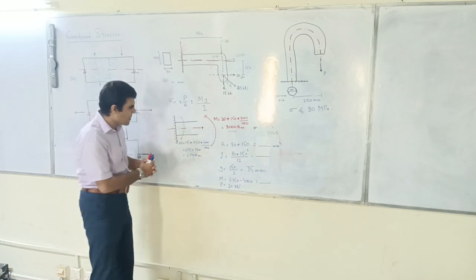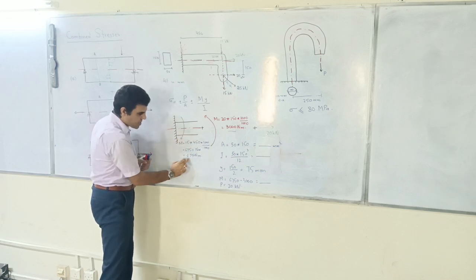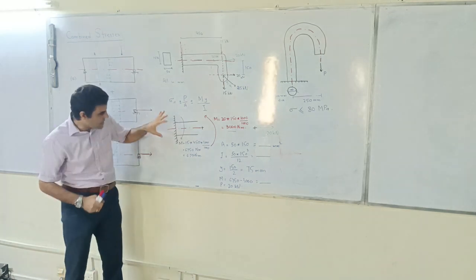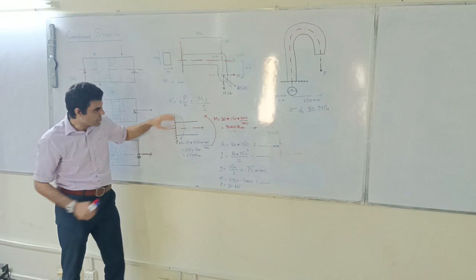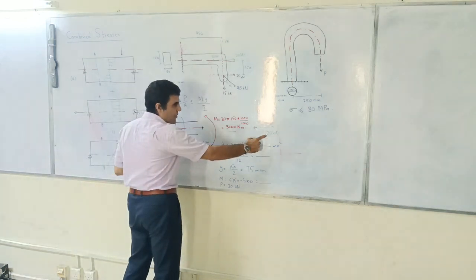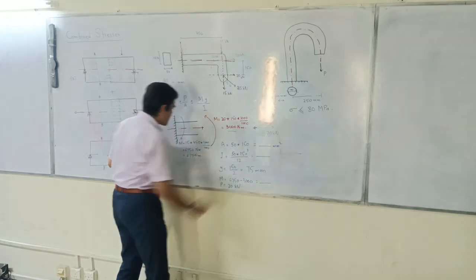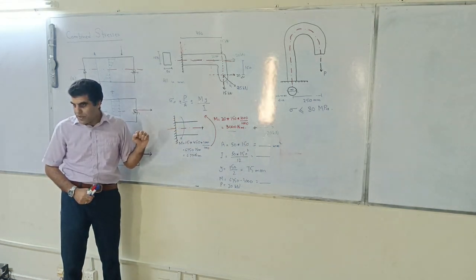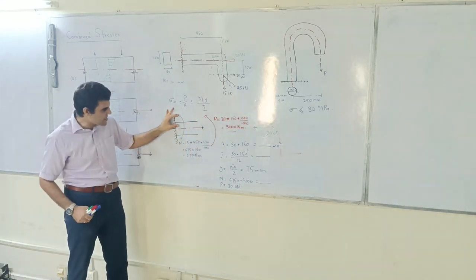Because we have this moment, which is 6750, that is bigger, that means that this 20 kilonewton will cause maximum stress above the neutral axis. Why? Because 20 kilonewton is in this direction and this is tension.